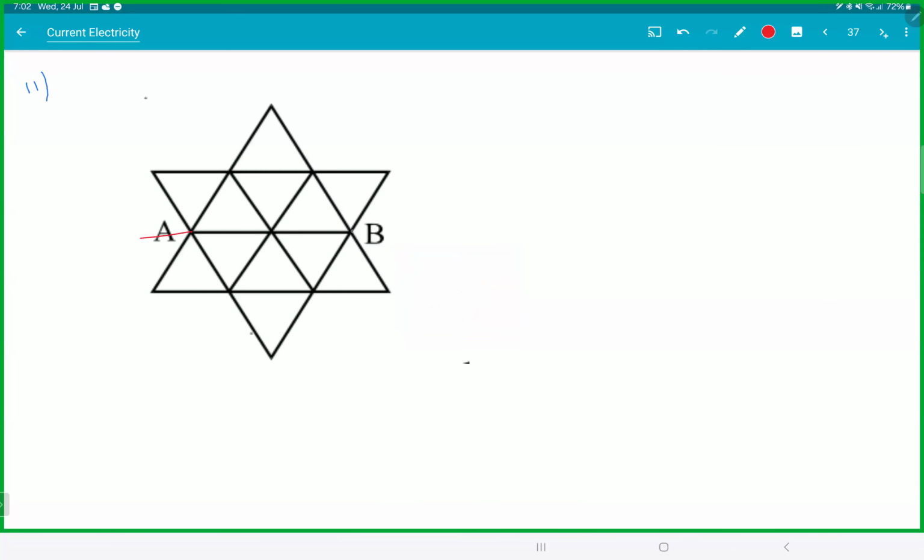Find the distance between A and B. Each segment is R. Symmetries.